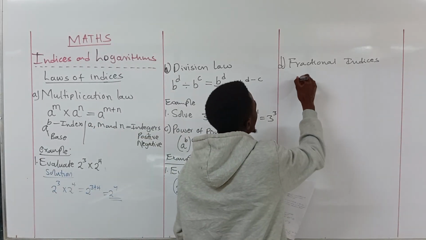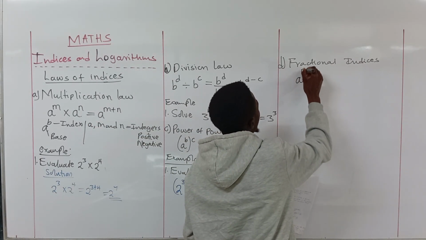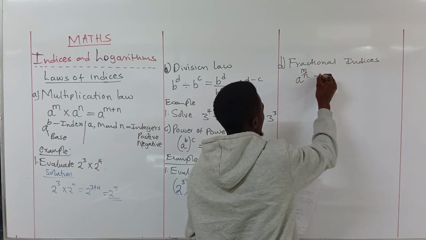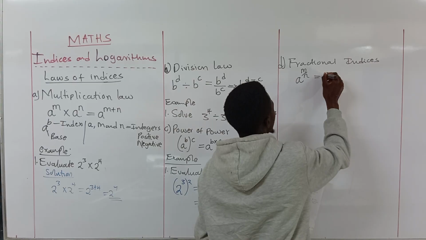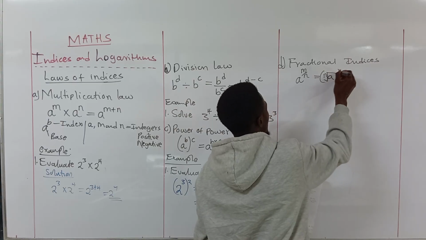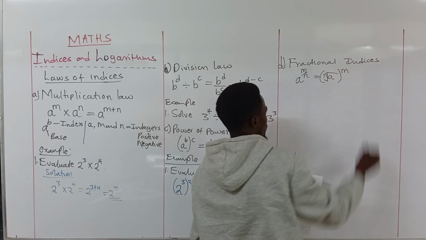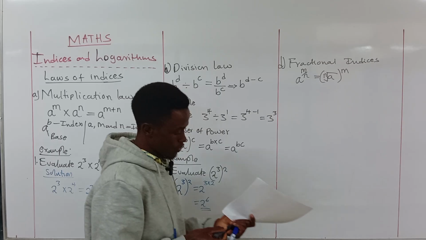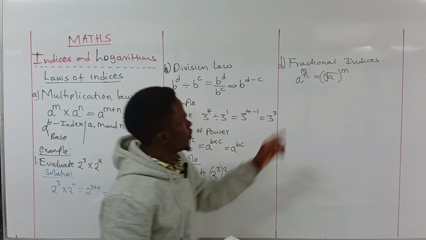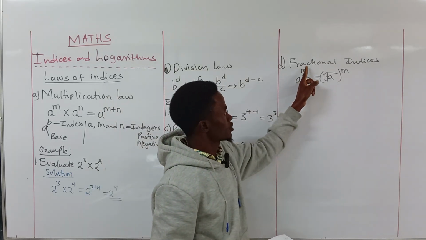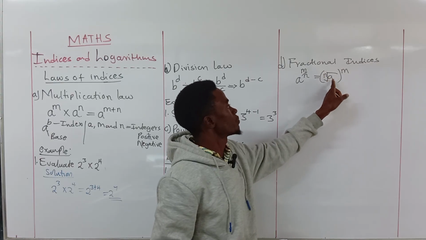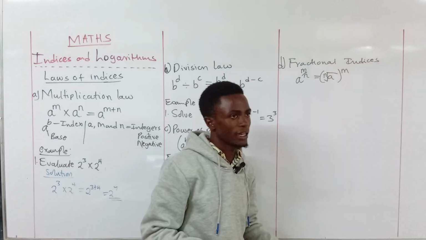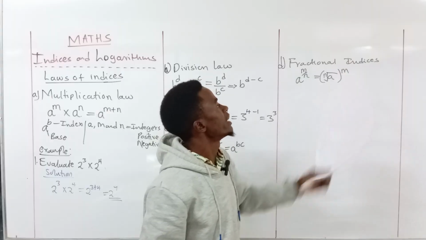For example, we have a raised to m over n. The solution to this is going to be the nth root of a, powered by m. We are going to do an example and then we are going to understand it. A number a raised to a fraction, which is m over n, the solution is the nth root of a and then raised to power m.